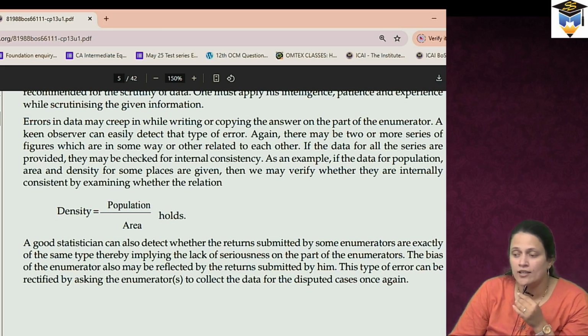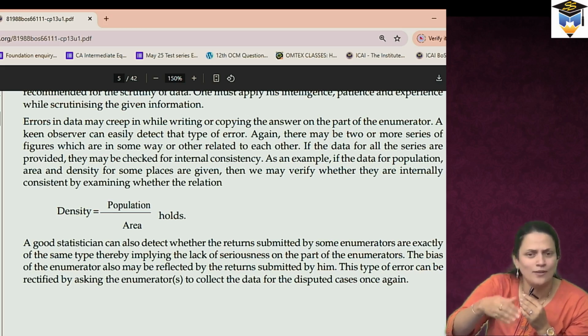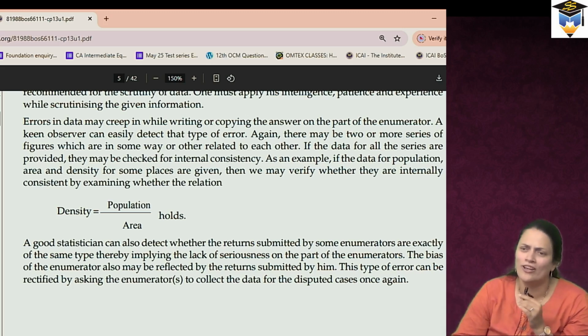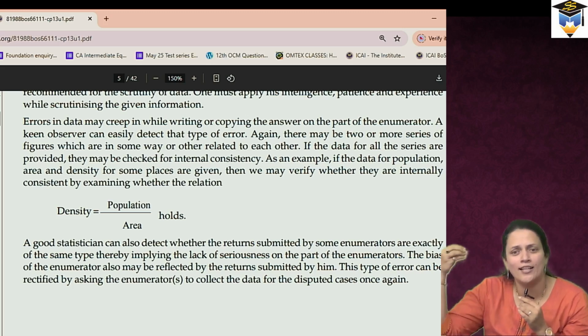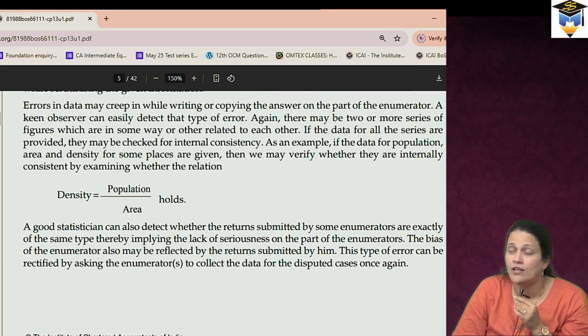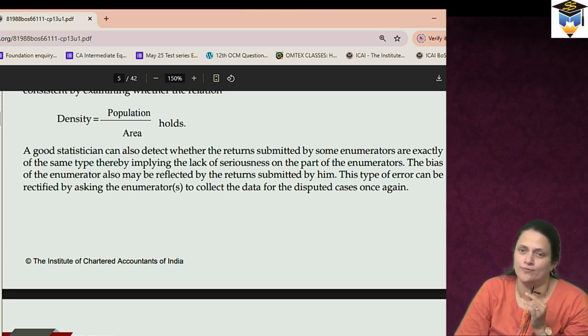So this error will be rectified if I am a good statistician. But if I am not a good statistician, then what will I do? Om has given me this, Bhavika has also given me that data. Okay, let it move ahead. Whether there are errors or not, I don't care. That will definitely impact the analysis that I am going to do.